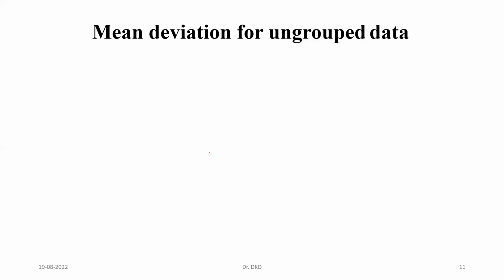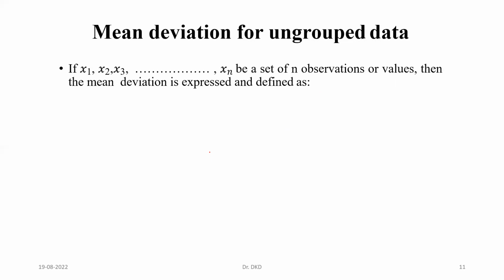Now, as we know, data is either grouped data or ungrouped data. Here we will understand how to calculate mean deviation for ungrouped data. Suppose x1, x2, x3, ..., xn is a set of n observations or values.